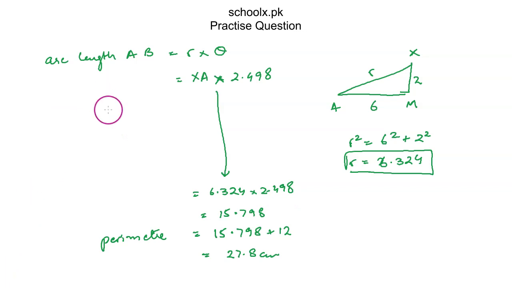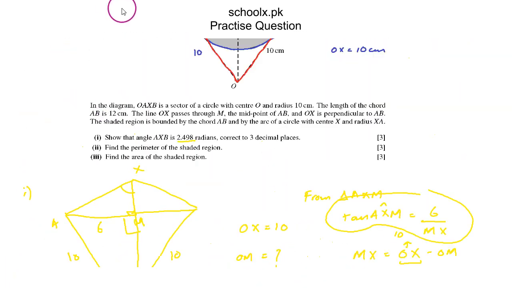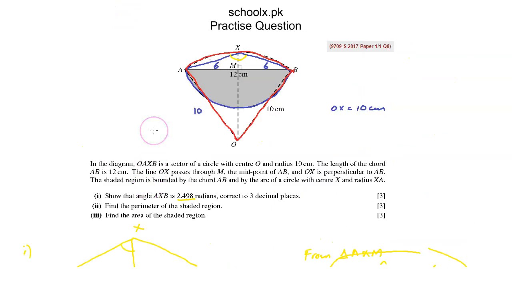Now moving on to the third part, which is to find the area of the shaded region. Let's plan this out. To find the area of the shaded region, I'll need to find the area of this sector AXB, and then I'll subtract the area of the triangle AXB from it. Alright, let's write this down.